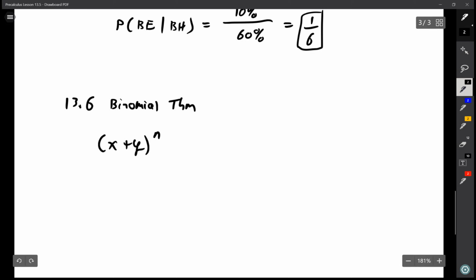And it can be used for situations where there are only two possible outcomes to a situation. It's like either the tree lives or the tree dies. Either you get the question right or you get the question wrong.